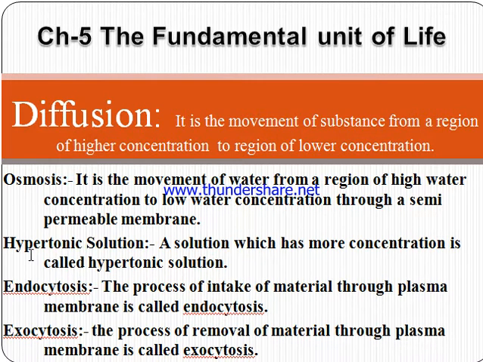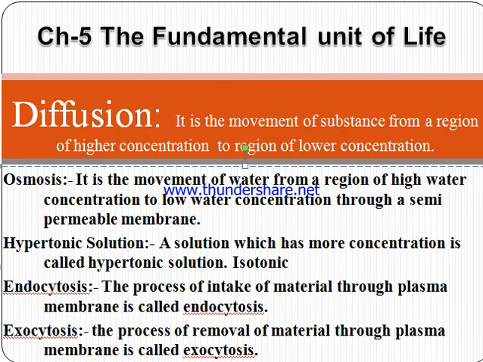Next is the types of solutions. There are two types of solutions, generally hypertonic. If there are two solutions and one solution is having higher concentration, then it is known as the hypertonic solution. One more, hypo. The solution having low concentration is known as hypotonic.